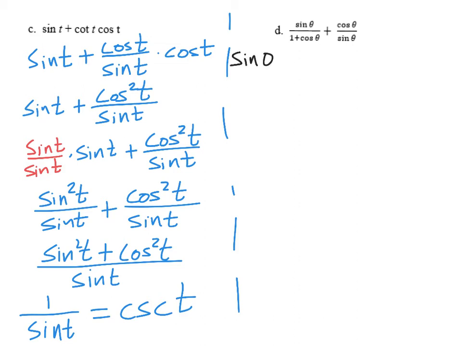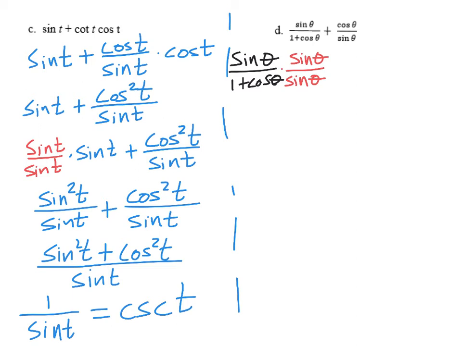So now I've got denominators of sine and 1 plus cosine, and here's how you handle that. Here's the first term. I have sine of theta over 1 plus cosine. I am going to multiply that by sine over sine. Totally legit.